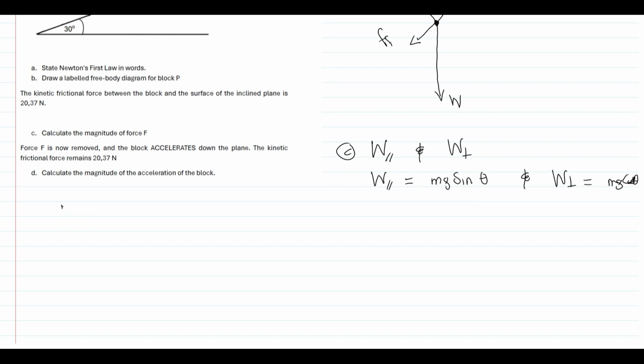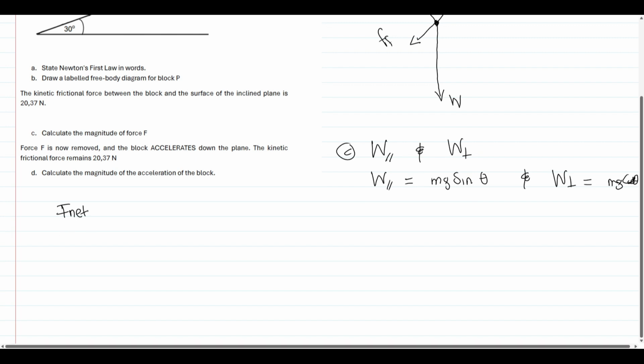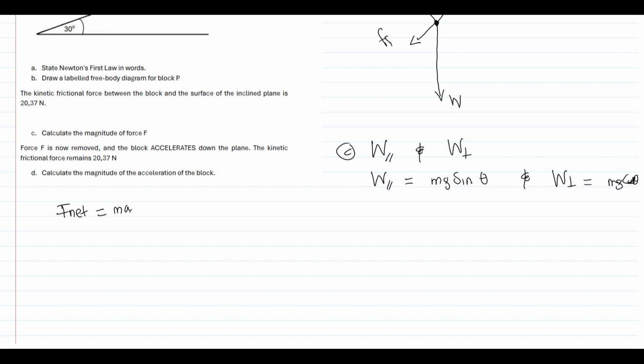So let us apply Newton's second law, which says F net is equal to ma. From our statement, we were told that the velocity is constant, and therefore the acceleration is 0. So we can say that F net is equal to 0. And F net is composed of which forces?